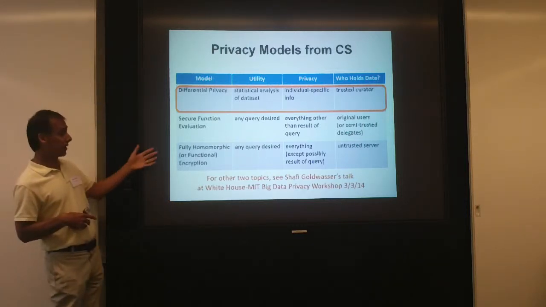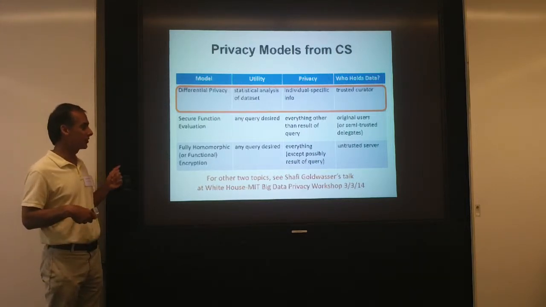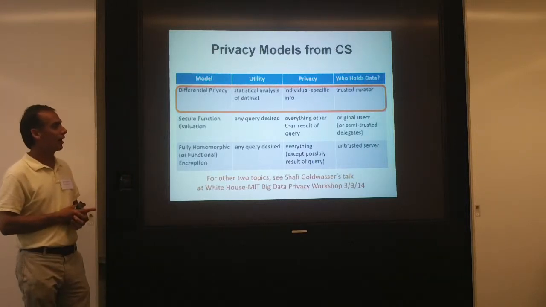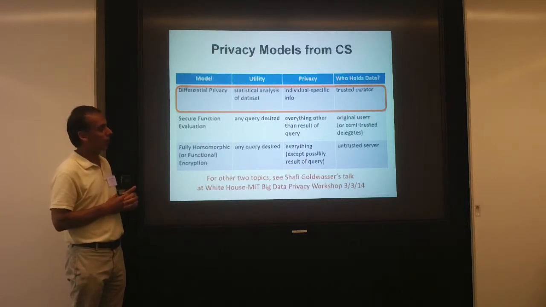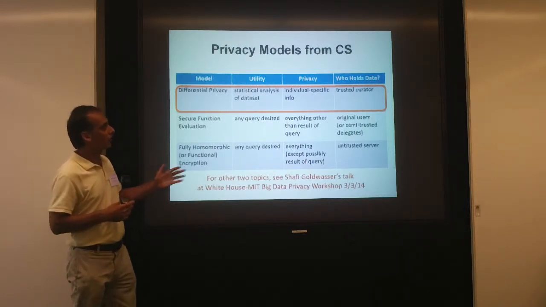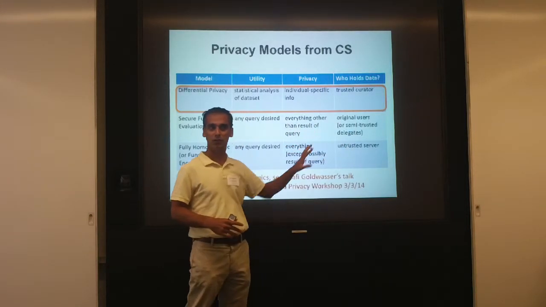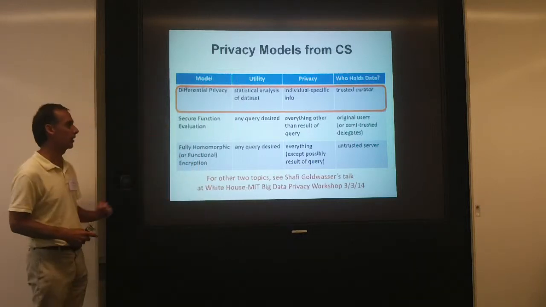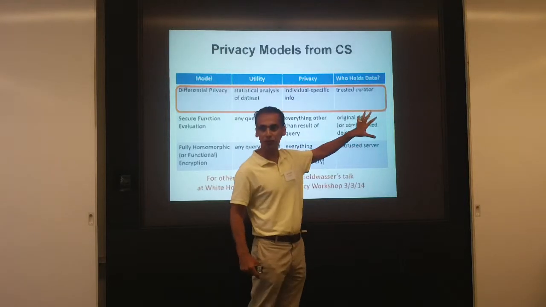I won't talk about these other models, but if you're interested in things related to privacy and security, it's good to know that they exist. In cryptography, there are really beautiful lines of works and amazing things possible with some other choices about what we mean by utility, what we mean by privacy, and what kind of trust model we have. Okay, there are things called secure function evaluation, secure multi-party computation, where you don't need to trust any one person to hold the data.